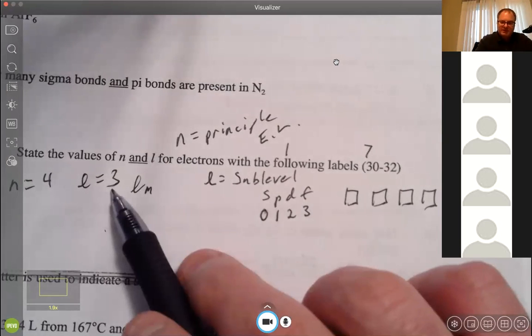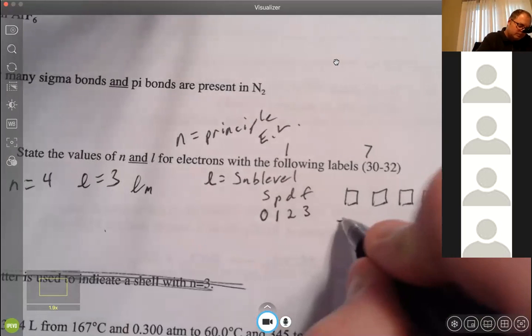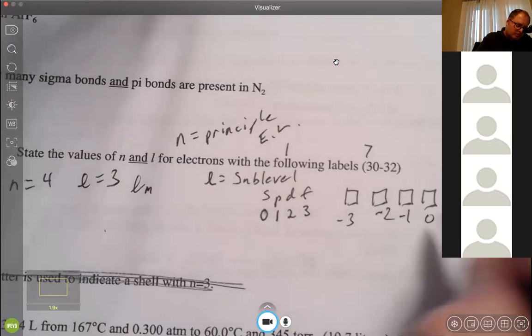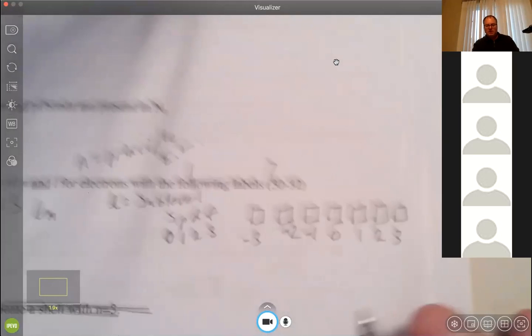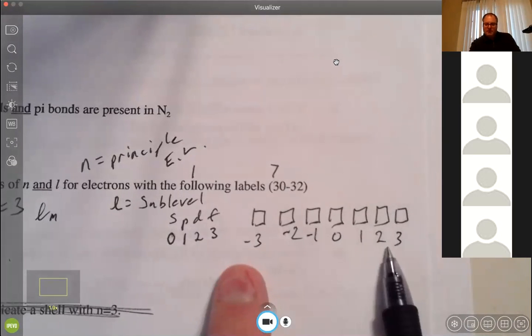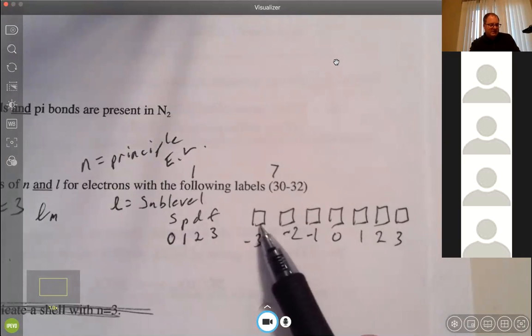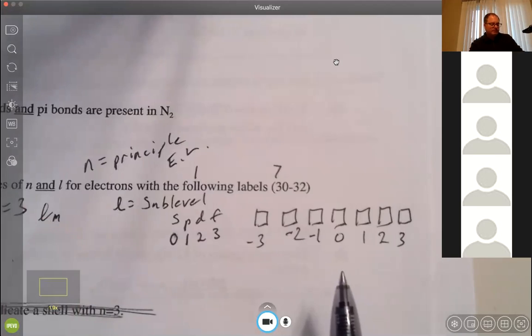So basically we start at negative L, and we go up to positive L. So M sub L has a range of negative L to positive L. And basically that describes each of those orbitals. That's what that next letter does. It's not asking you for this, but that's what the next letter would do.